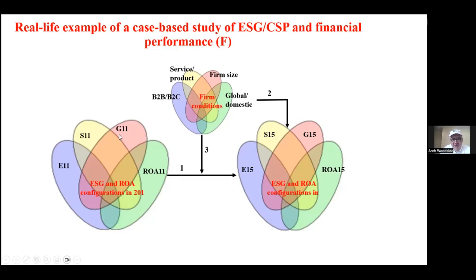So I put 11 there, and then return on assets for 2011. And so these would be our antecedent conditions, and then our outcome would be the same thing, but only for 2015. And one possibility would be that there's a set of cases that do well on all four. In other words, the top quintile, for example, among the companies in your sample.